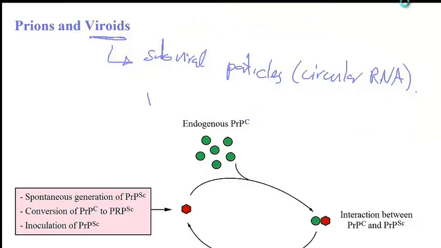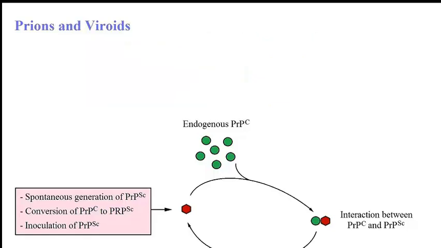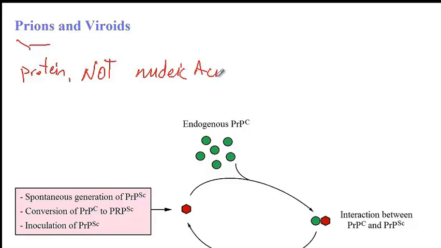So let me erase all this. Okay. Next, we have prions, which are the proteinaceous infective particles. So these are actually proteins, and they do not contain any nucleic acids.